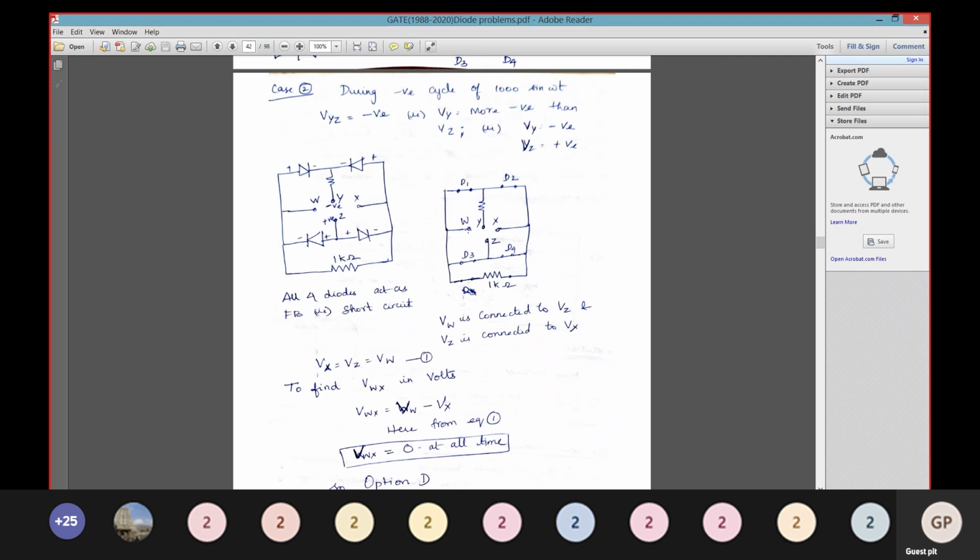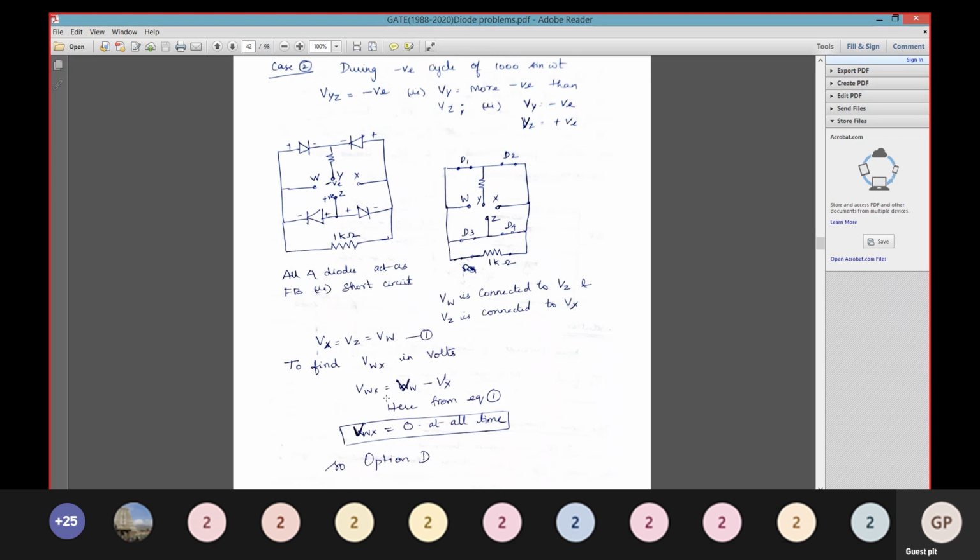Vw is connected to Vz, the potential at this point, and similarly this Vz is also connected to Vx. So all the voltages here are the same, all are interconnected. Similarly X and Y voltage are the same, and Y and W. So you can say Vx equals Vz equals Vw.